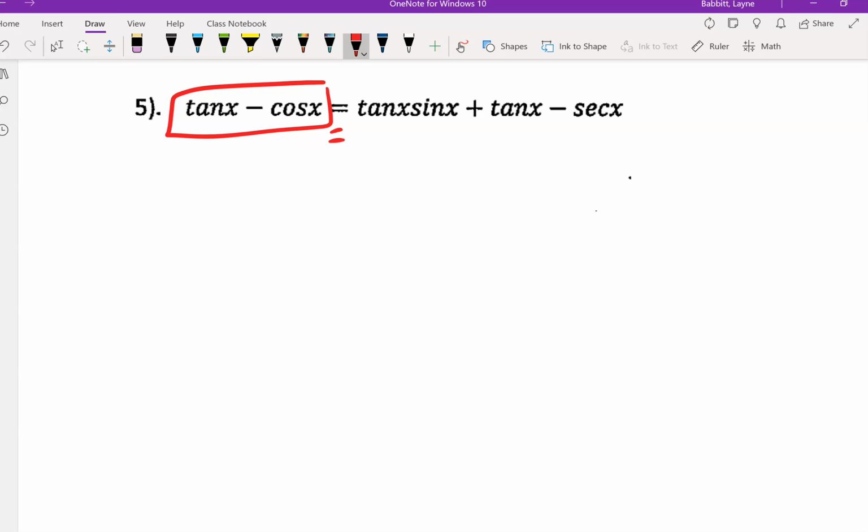So tangent, I'm going to change to sine over cosine. This sine just stays the same. Plus tangent, again, I'm going to change that to sine over cosine. And then minus, remember, secant is the same as 1 over cosine.